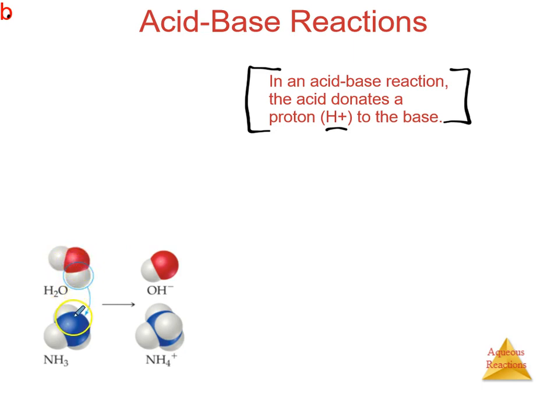The proton goes from water to NH3. If the proton leaves, it leaves just OH, and now you have NH4+. So this would be my acid, this would be my base, and this would be my conjugate acid and conjugate base, which we'll learn about later. Don't worry about that, but just know the H is moving places.